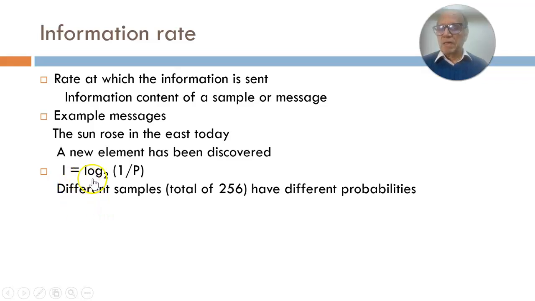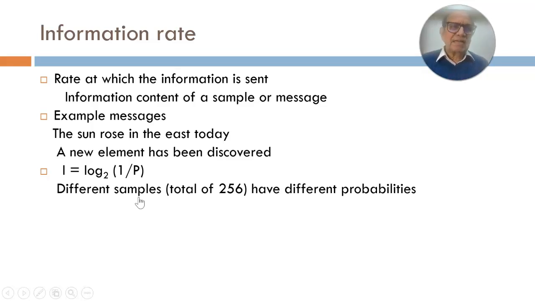Now, in any communication system, you have a set of messages, and the messages in this set do not have the same probabilities. For example, you send a message which we call M1, it may have a probability P1, and for this probability P1, the message will have a certain information which can be calculated using this formula.